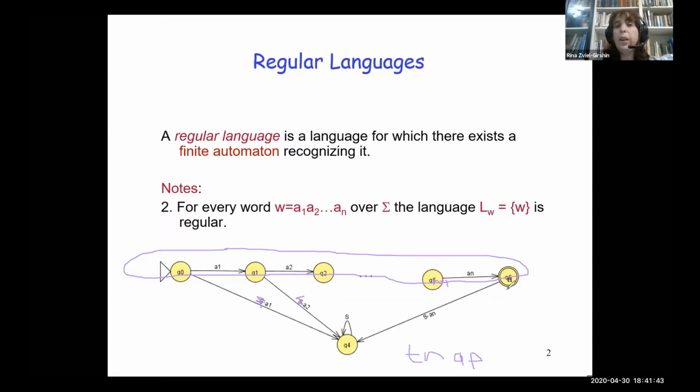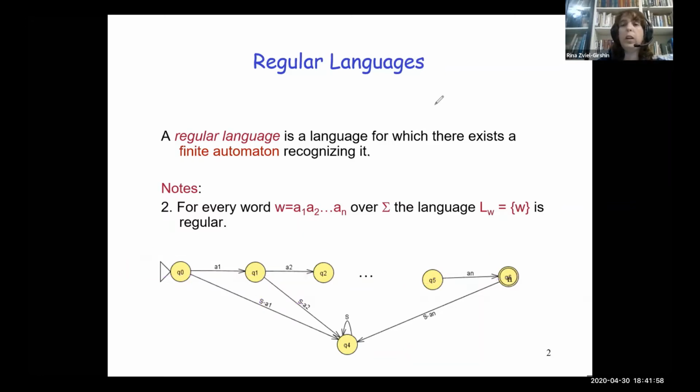So here we proved that the language LW is a regular language. How did we prove it? By construction. Just because we managed to build the automaton, that means that the language is a regular language. Any questions?